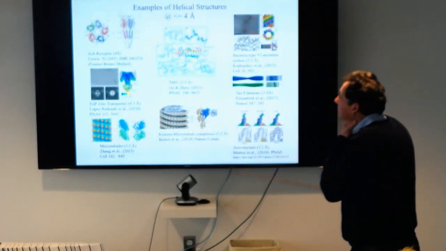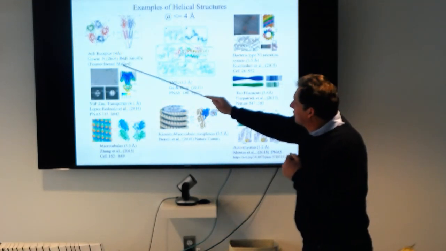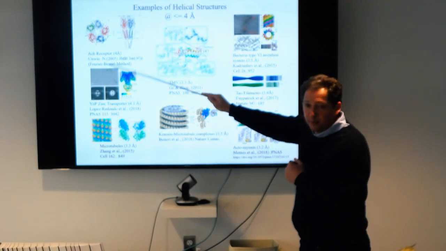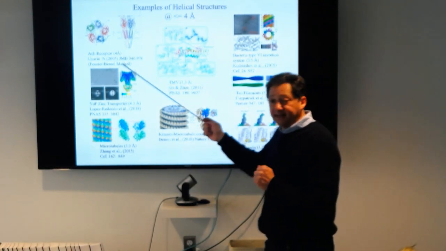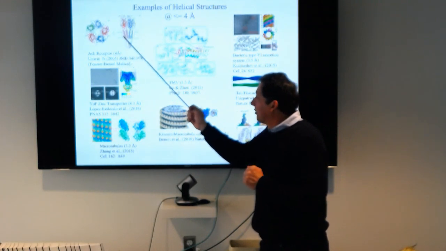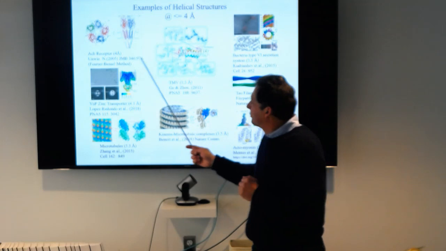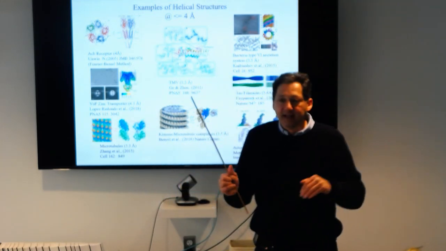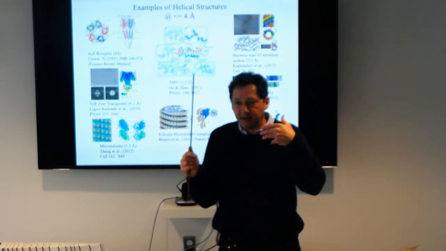So here are some examples that you have seen. This is actually probably the highest resolution that was solved using strictly Fourier-Bessel reconstruction. But one thing that you realize here is that to get that, it was not just the simple Fourier-Bessel program that I described.